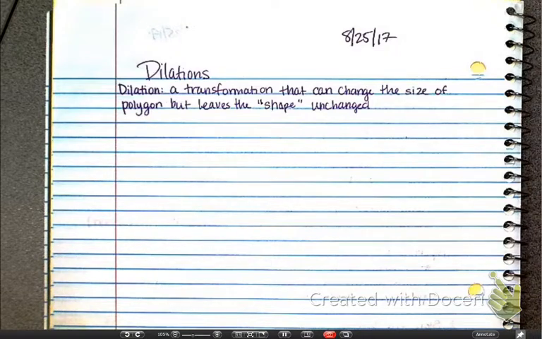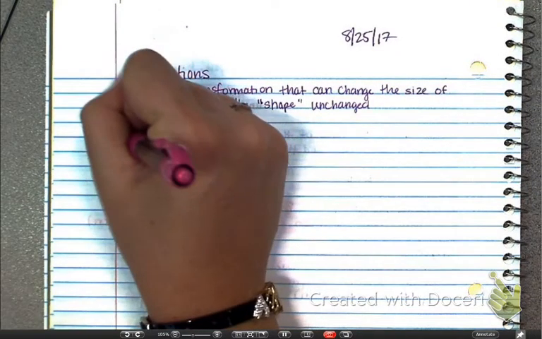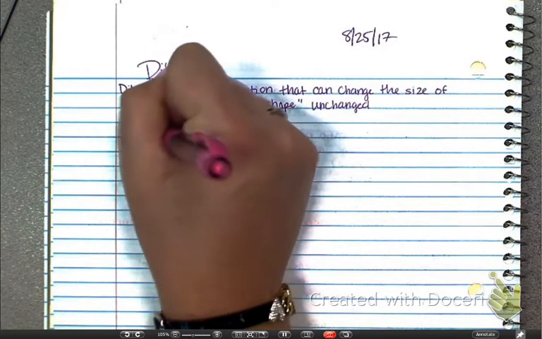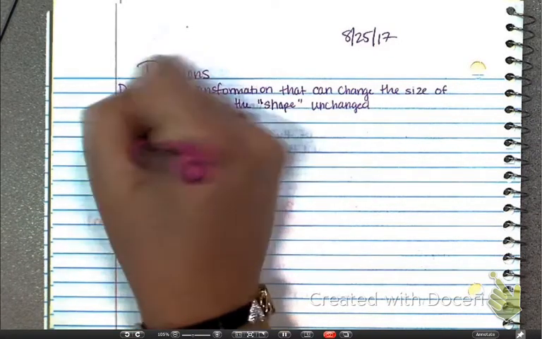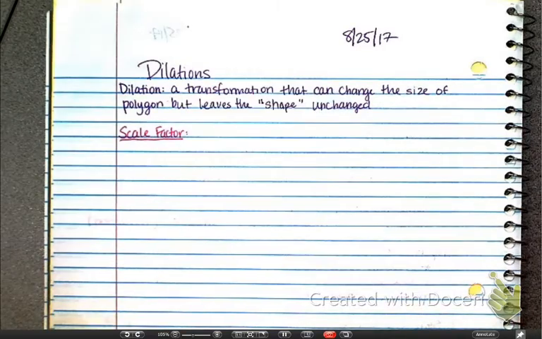Okay? Now, in order to perform a dilation, we have to use something called a scale factor. And here's where yesterday's lesson plays in.